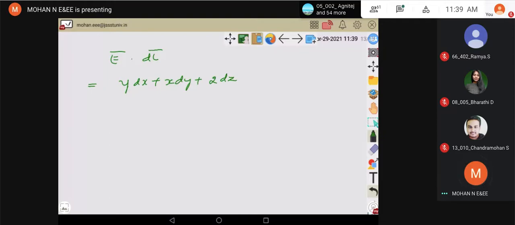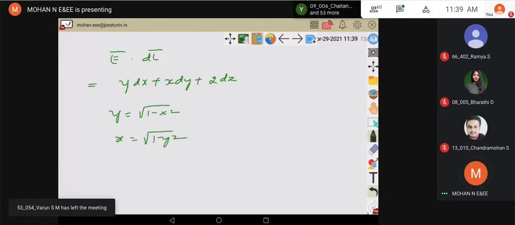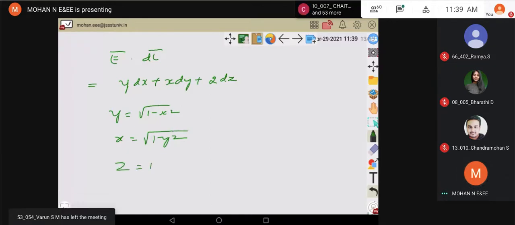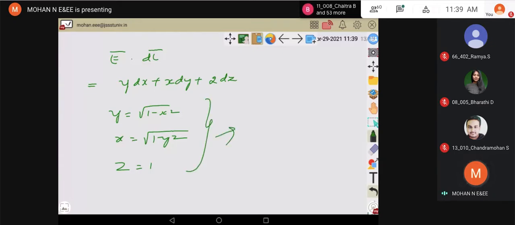Yes, correct. Now you can write y in terms of x and x in terms of y using the relationship, and you can keep z is equal to 1 as it is, and substitute these things in the expression and get me the answer.